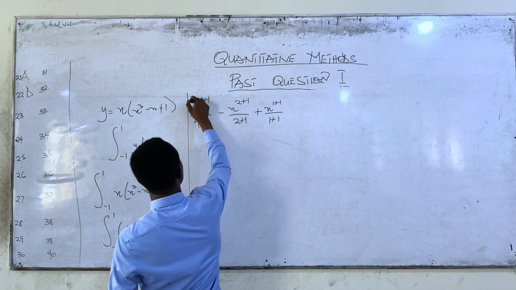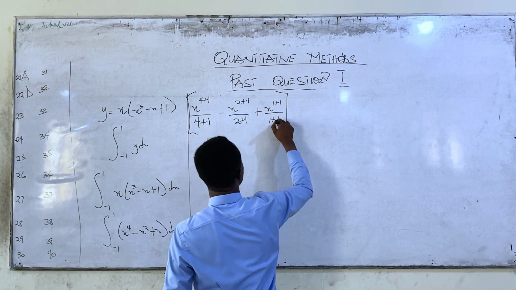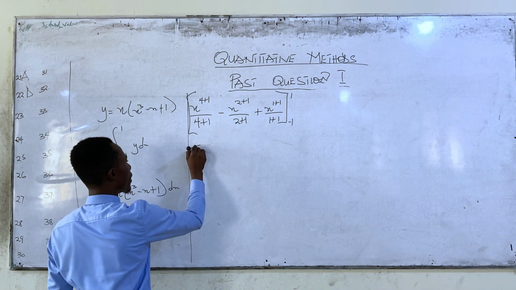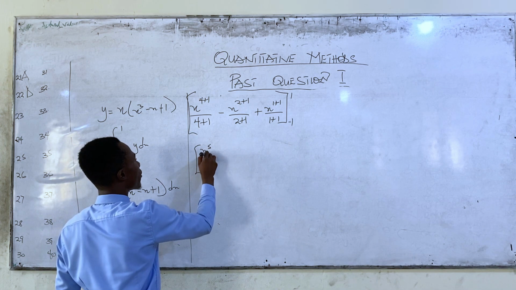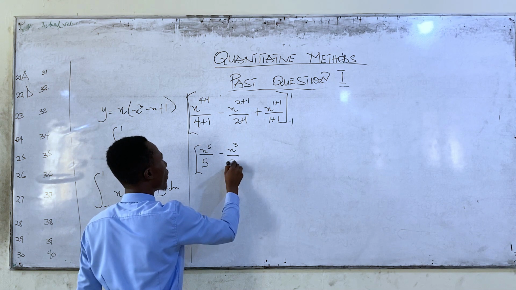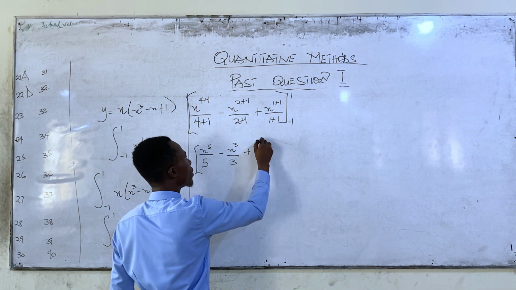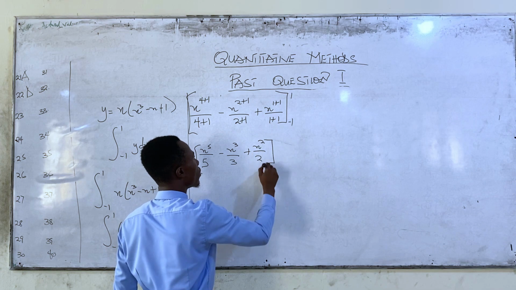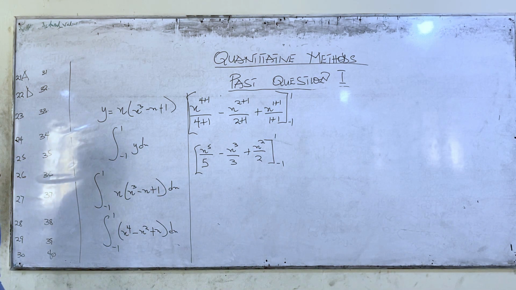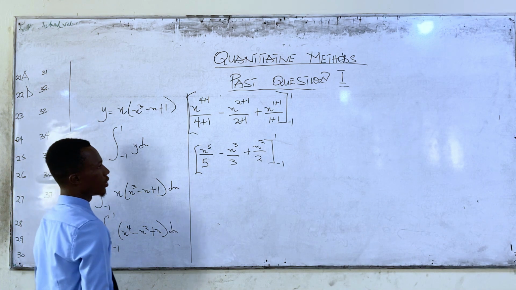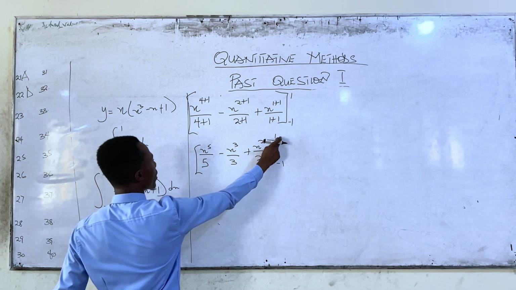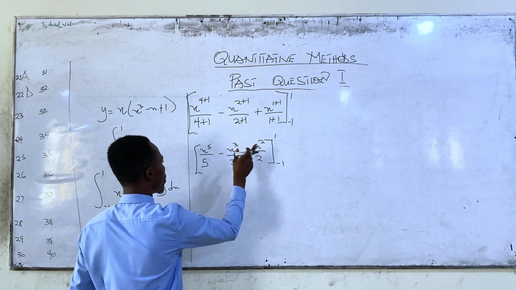Then we bring our integral values 1, negative 1. So let's simplify them: x^5 over 5 minus x^3 over 3 plus x^2 over 2. Then you bring your 1, negative 1. It's very simple. What you are to do is substitute this into this, minus you substitute this into this.